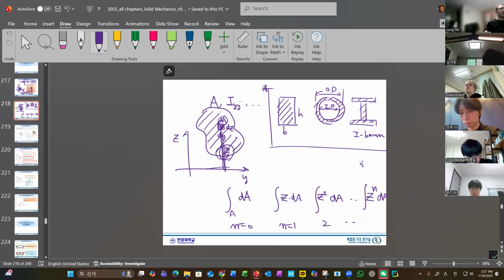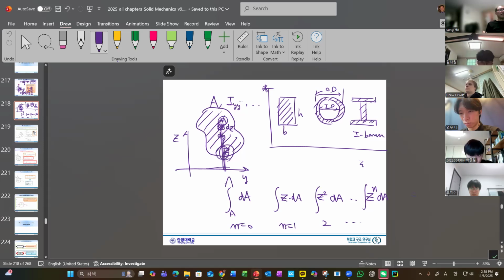So in general, the cross section can have very different characteristics. Okay, now we are familiar with this one.